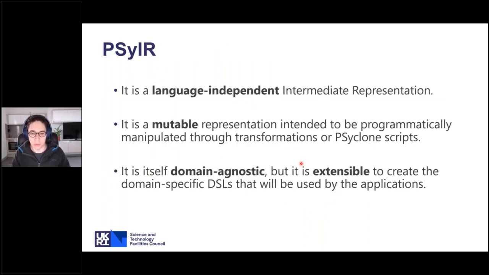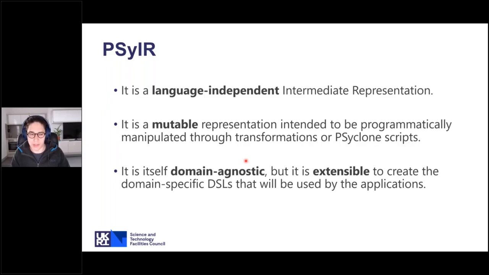So just to sum up this brief introduction, the PSyIR is an intermediate representation which is language independent, because we want to end up producing code in different languages, in different backends. It is a mutable representation, which is quite sensible for us because we end up transforming the code, but that's not the case in some compilers or syntactic analyzers, which are not mutable.